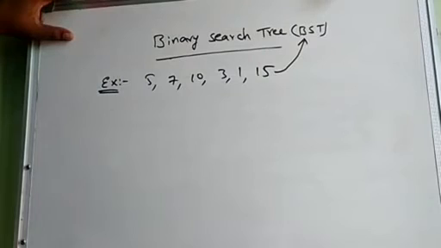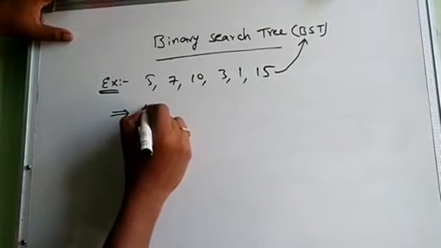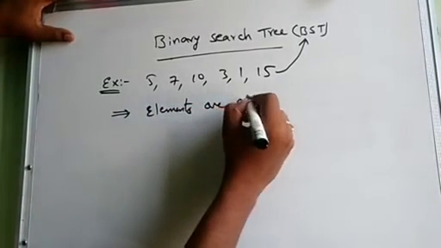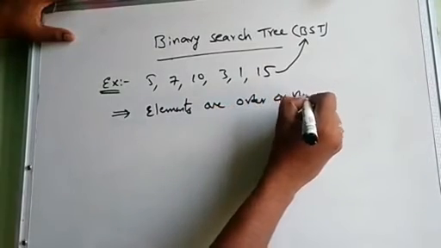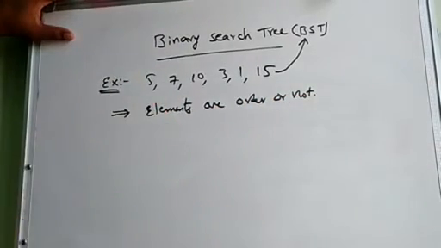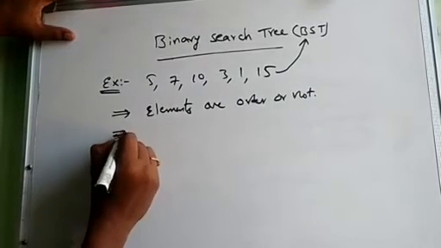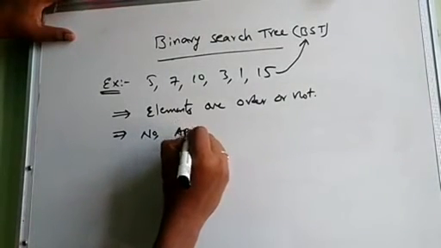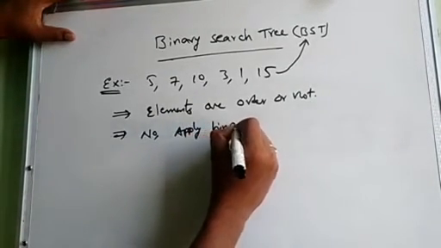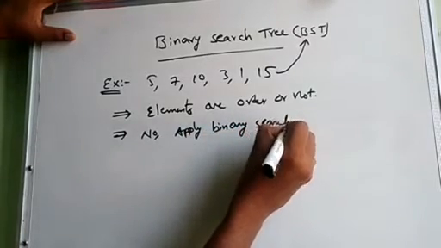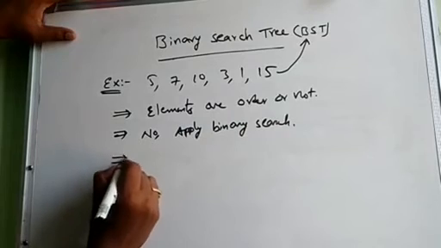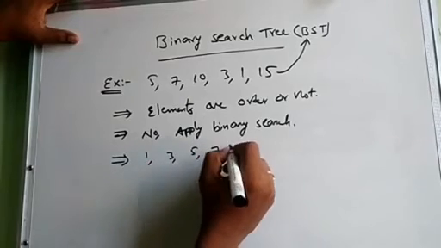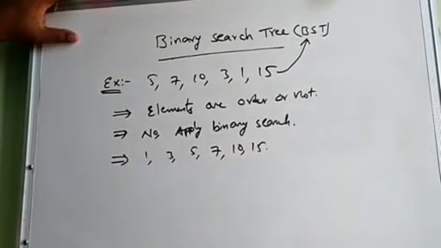First we have to check whether the elements are in order or not. The elements are not in order, so apply binary search. After applying binary search, the result becomes 1, 3, 5, 7, 10, 15.